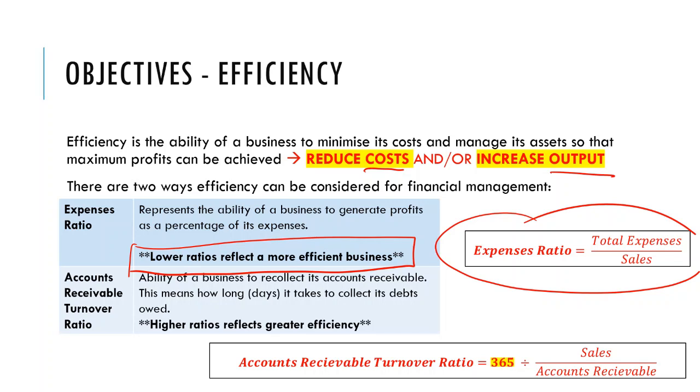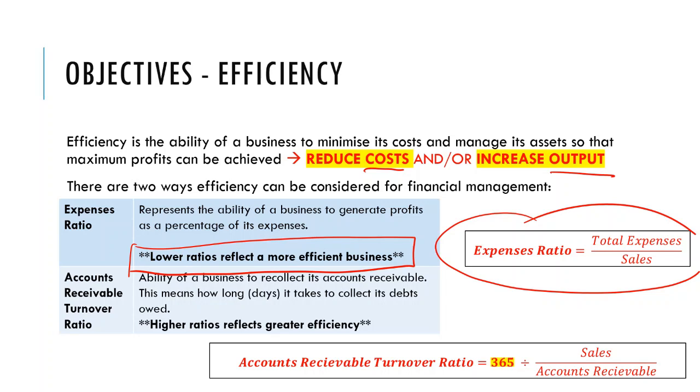But it's an important part for a business to get its money back as soon as possible, because you could be using that money for different purposes. You could be saving it, you can be investing it, you can return that to your shareholders. So that's why we have the accounts receivable turnover ratio. And the way we do it is 365 divided by sales over accounts receivable.